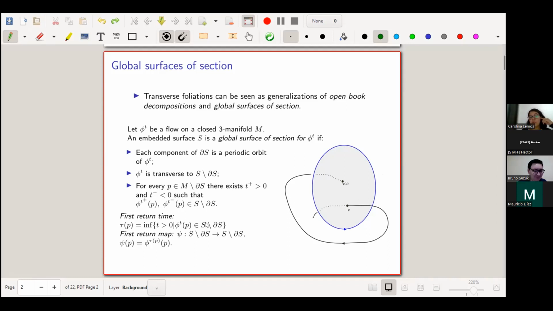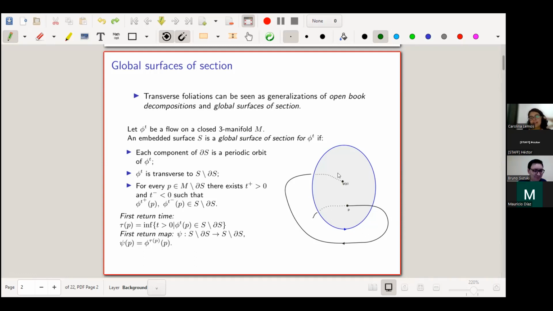So we have a well-defined first return time. You take any point here, then you consider the time when it returns to the transverse section, and you can define a first return map, a map defined on this transverse section. You take a point and send it to the first point where it returns to the section.